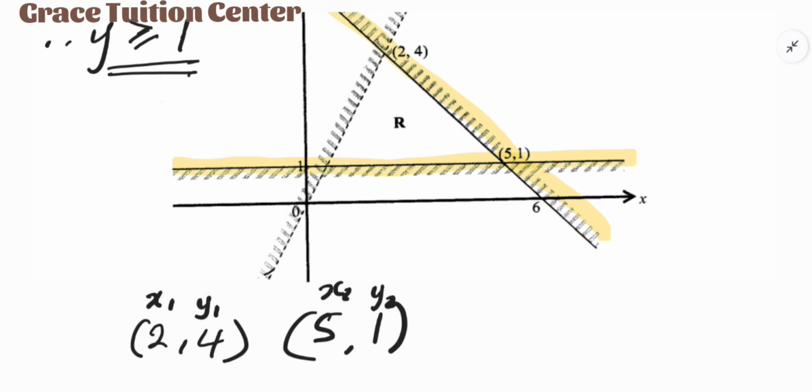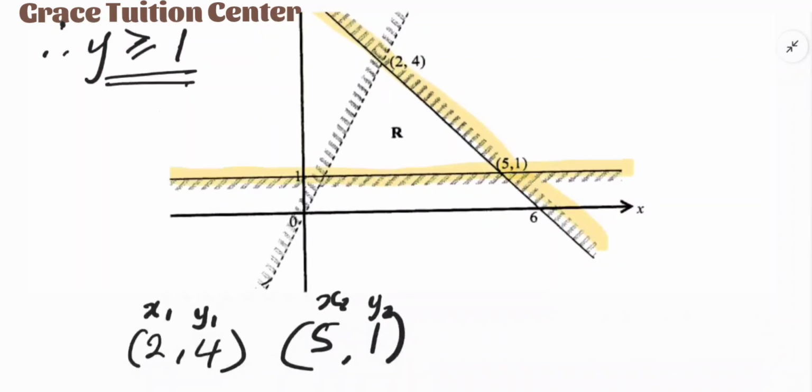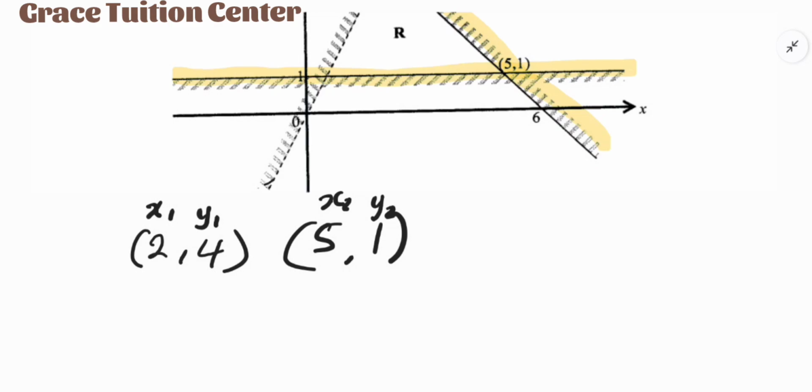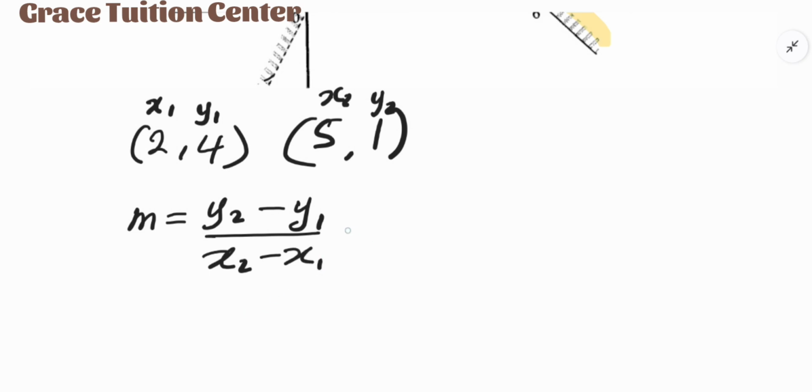After naming these points, I now must find the gradient of this line here. How do I find the gradient? It's simple. The formula for the gradient is equal to y2 minus y1 over x2 minus x1. So if I replace here, what I'm going to get is 1 minus 4 over 5 minus 2.